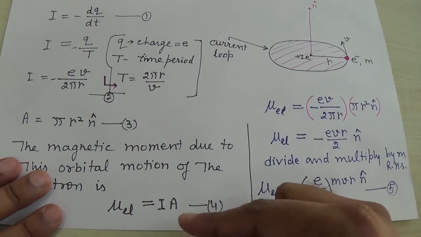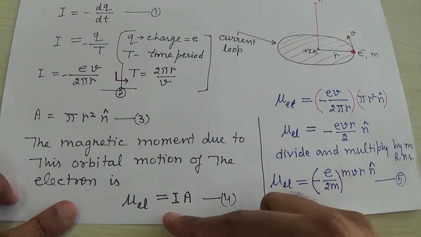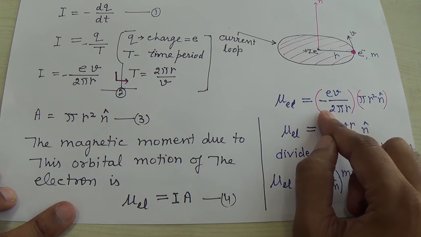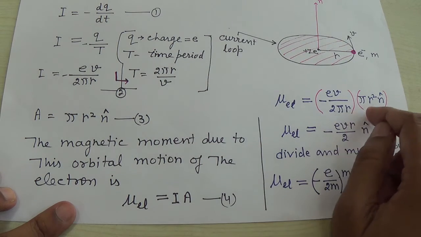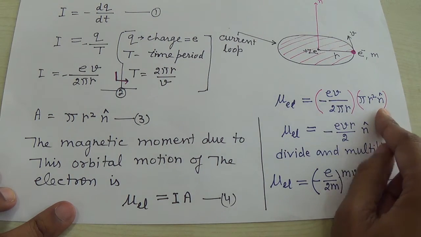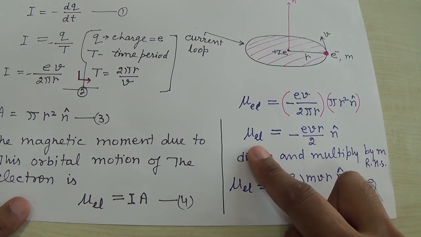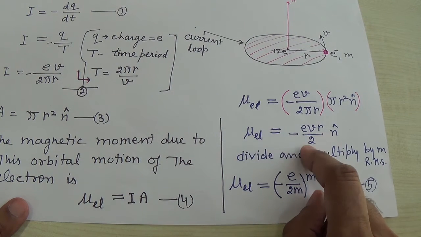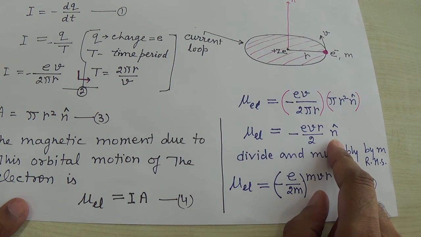When I put the values of I and A for the magnetic moment of the atom, IA, that is minus eV upon 2 pi r squared, unit vector n. So mu becomes minus evr upon 2 into unit vector n.